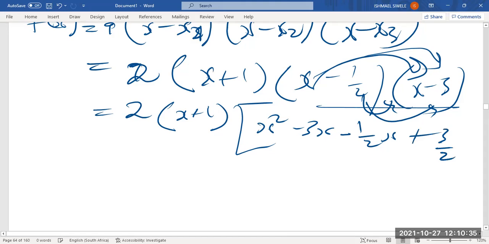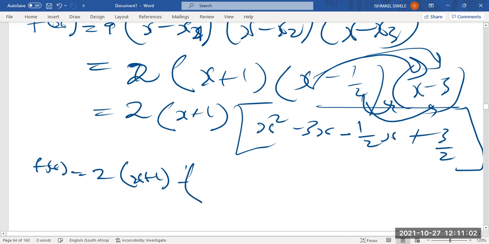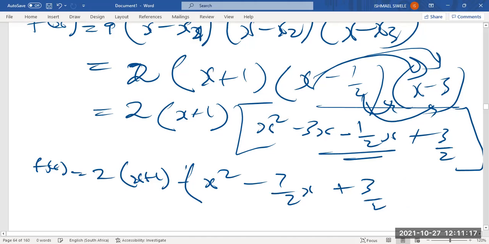Then f of x will be equal to 2 times x plus 1 and x squared here. These two are going to give me negative 3 minus 1 over 2, that is negative 7 over 2, so I have negative 7 over 2x here, and then plus 3 over 2.